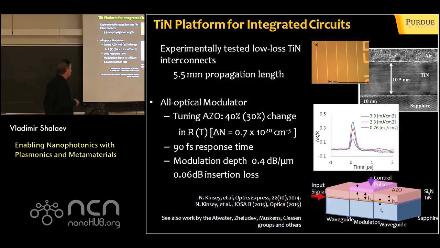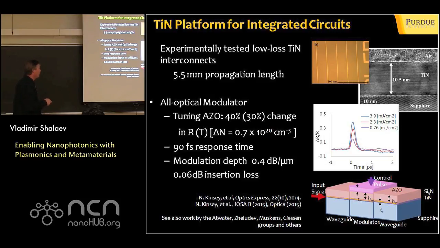That means modulation. And so our calculations show, and measurement actually, that the modulation is very fast, on the scale of 100 femtoseconds. This is truly spectacularly fast. And that's very promising. And actually we showed that the insertion loss in this case would be quite small, 0.06 dB.